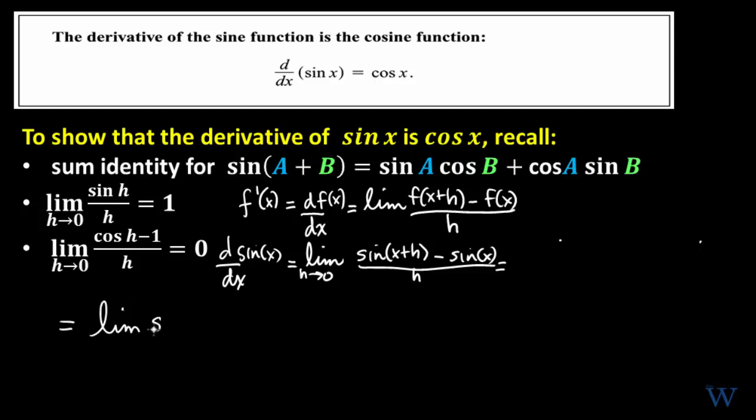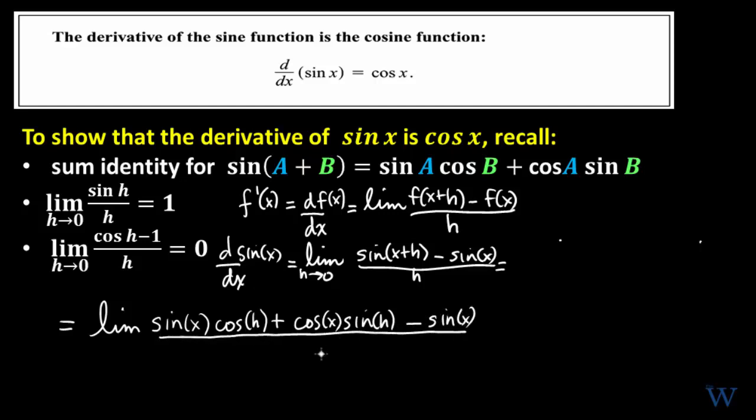So it's going to be sine of x times cosine of h, and then it follows the sign, so we put a plus here. And it's now cosine of x times sine of h. So what is this so far? So far this is just this term, minus sine of x. And then the whole thing is divided by h.